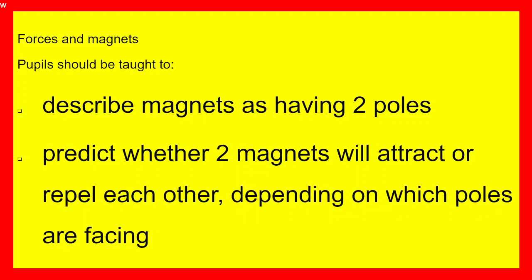Describe magnets as having two poles. Predict whether two magnets will attract or repel each other depending on which poles are facing.